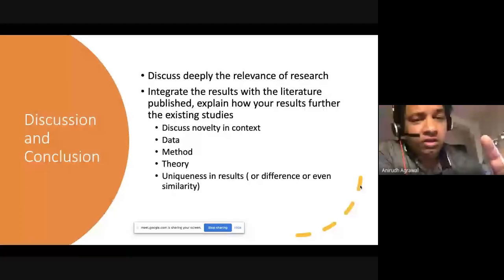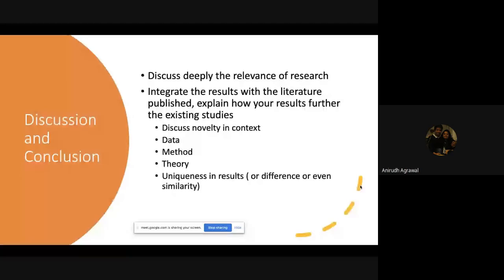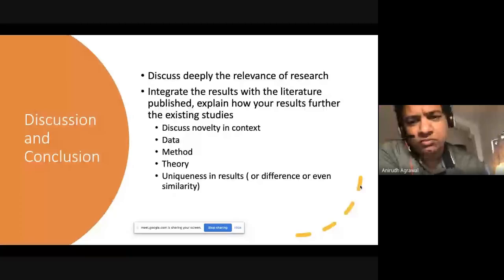So you can talk about theory a lot, and furthermore you discuss the uniqueness of your result, or difference, or even similarity. Whatever results you get in your research, you discuss why they are unique, why they are different. You can also discuss the difference of the result from existing studies, or similarity of the results with existing studies.